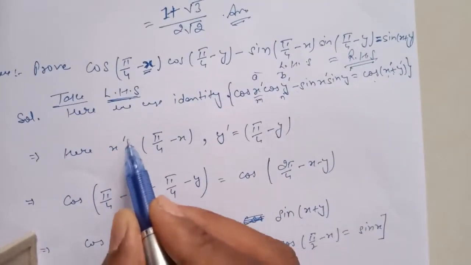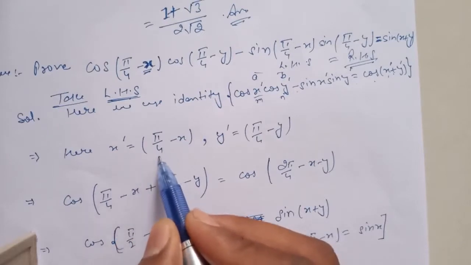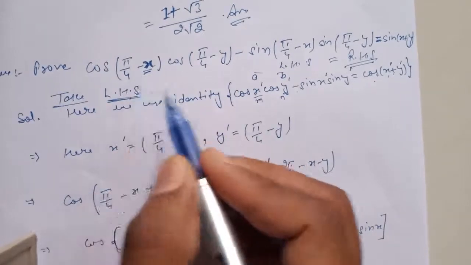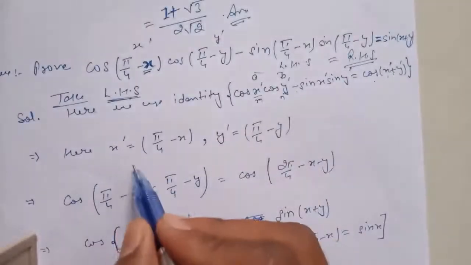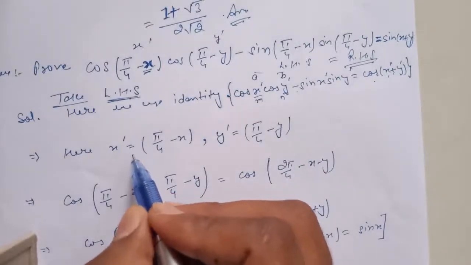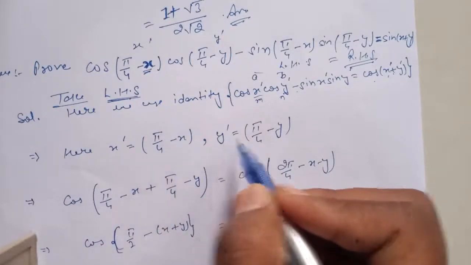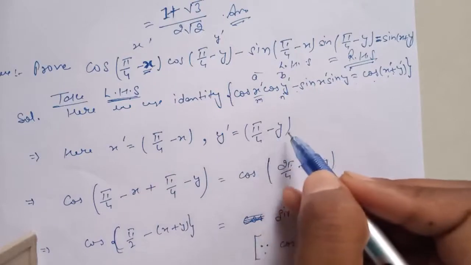Therefore here x dash is equal to pi by 4 minus x and y dash is equal to pi by 4 minus y.